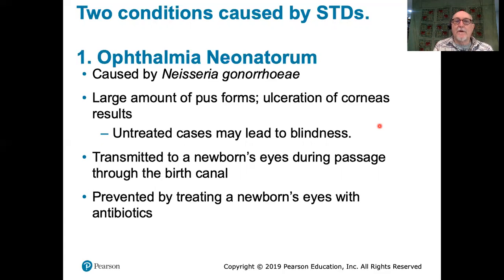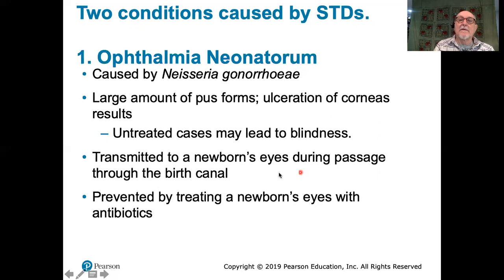But when they give birth, the Neisseria gonorrhoeae, which is the causative organism, is spread all over the child, all over the skin, and especially into the eyes. And it causes this ophthalmia neonatorum, which is a very dangerous inflammation of the eyes.